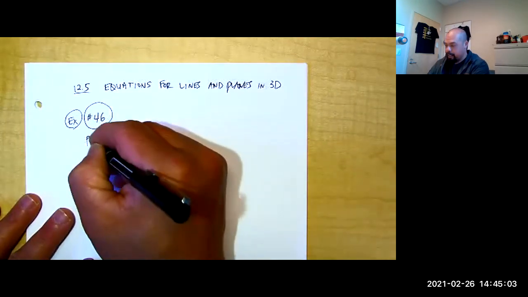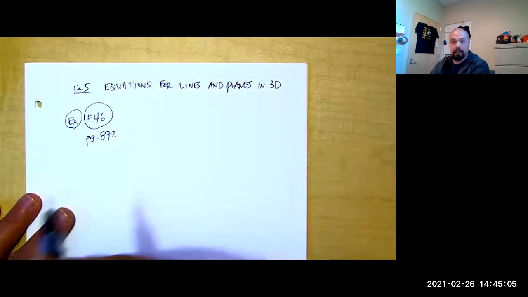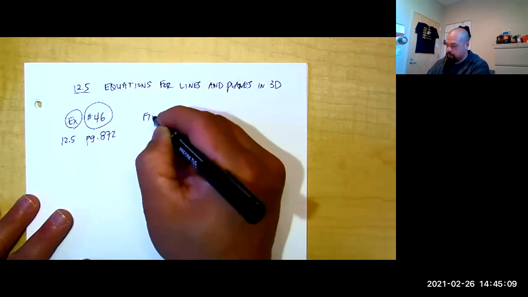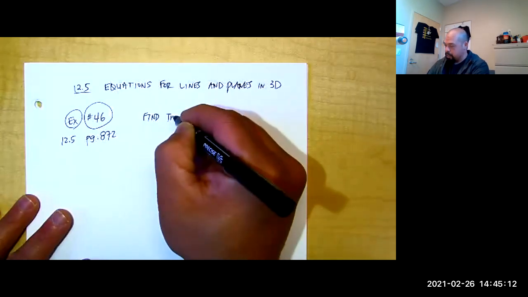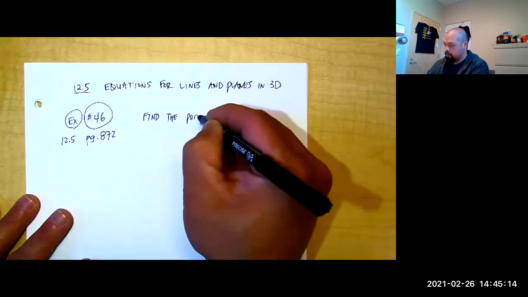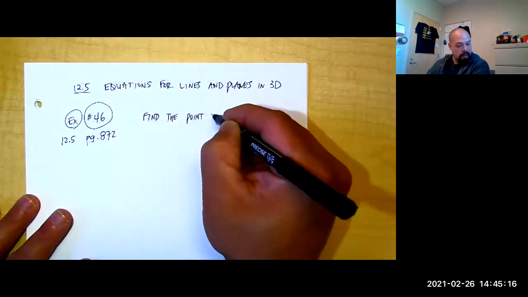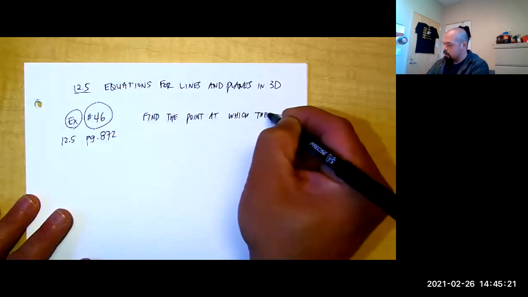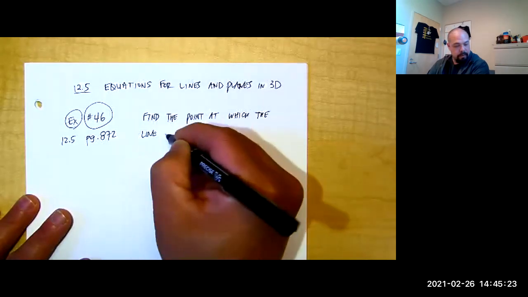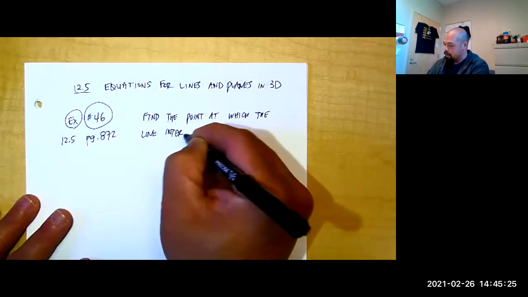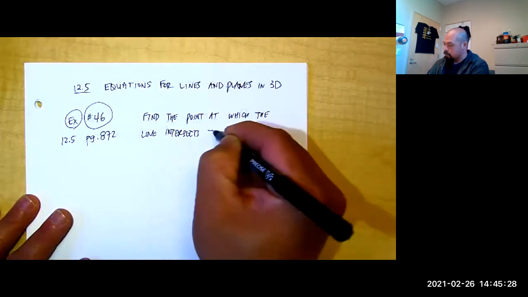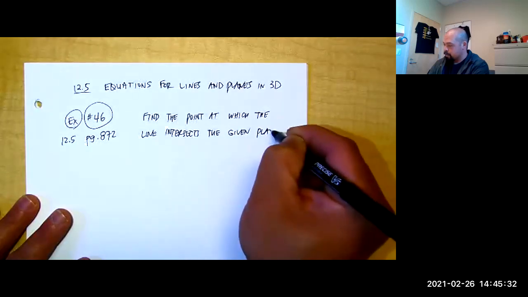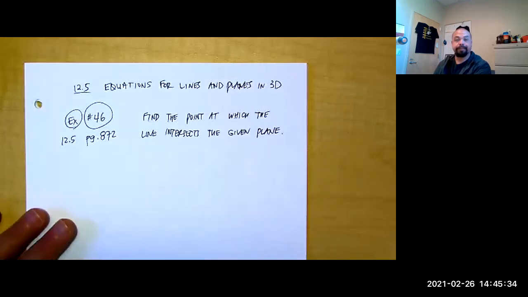This is on page 872 of my textbook, right? Still in section 12.5. And we want to find the point at which the line intersects the given plane. Okay.